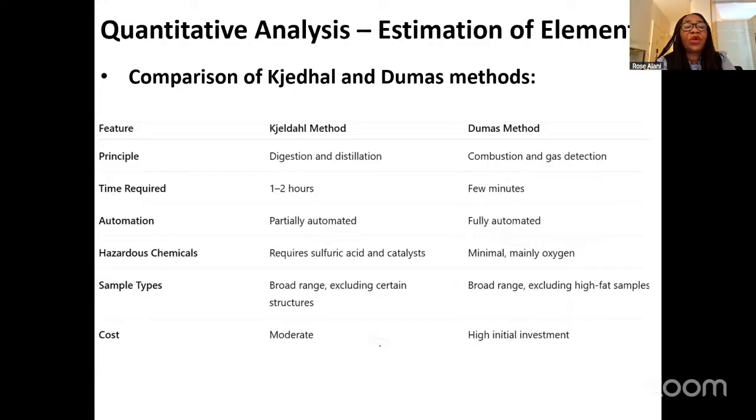Okay, so we can compare the Kjeldahl and Dumas methods, as you can see here. You can take time and look at the different processes mentioned, so you can compare the different methods.